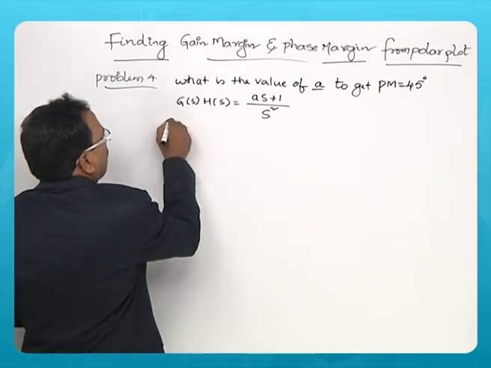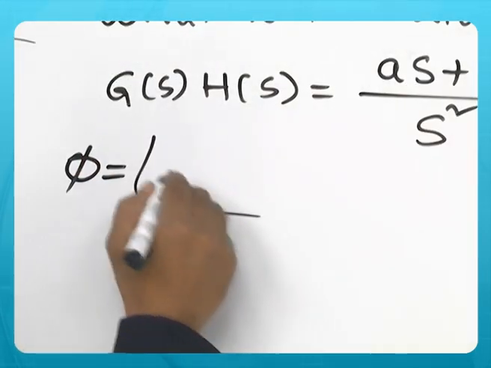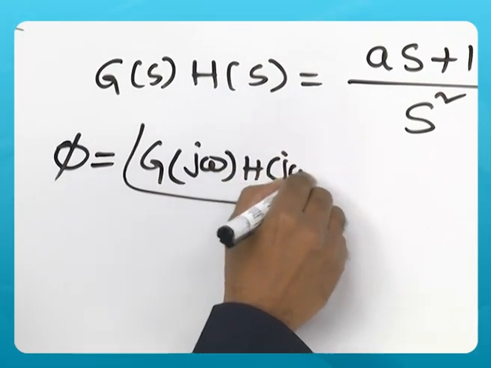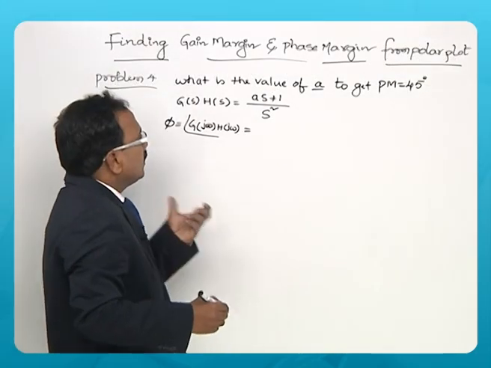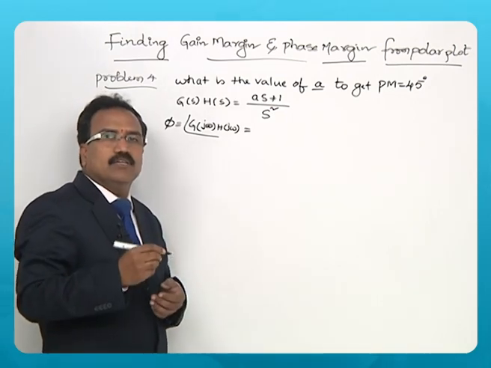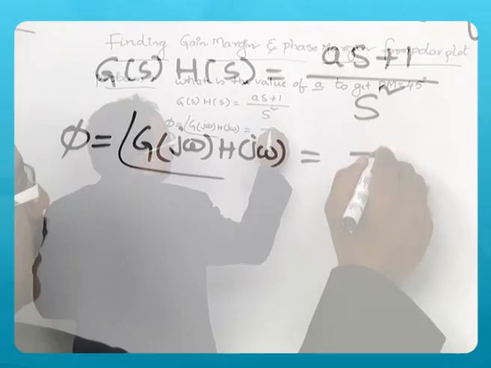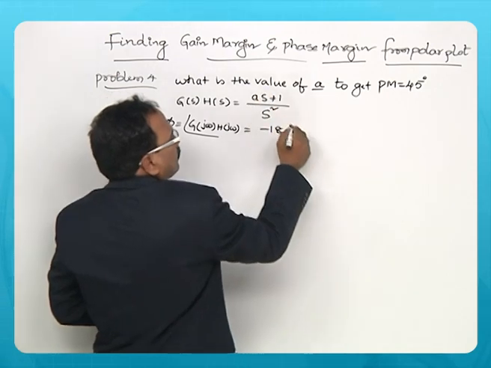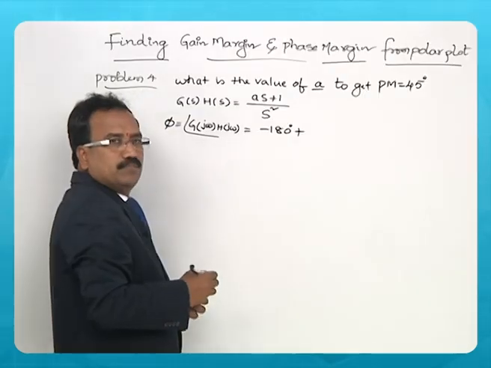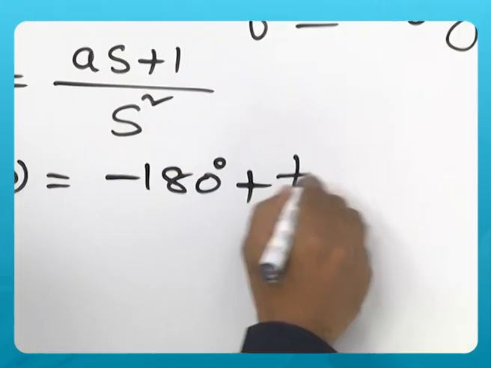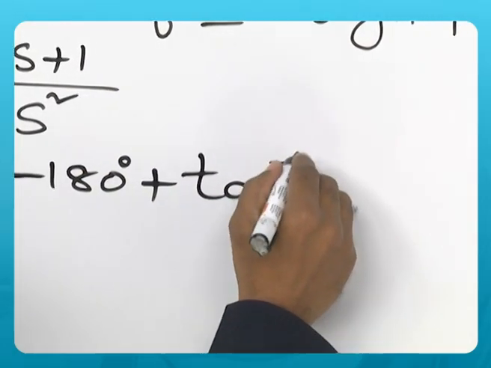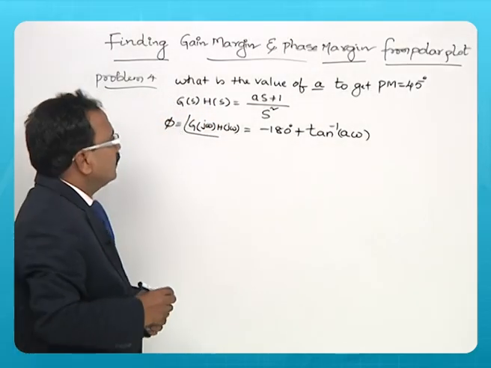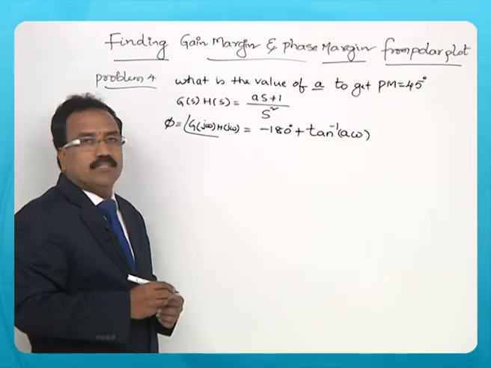The phase angle phi of G(j omega) H(j omega): for the s square term, it is (j omega) whole square, so it is minus 180, and for the other term, with plus sign, it is tan inverse a omega. This is the phase angle term.